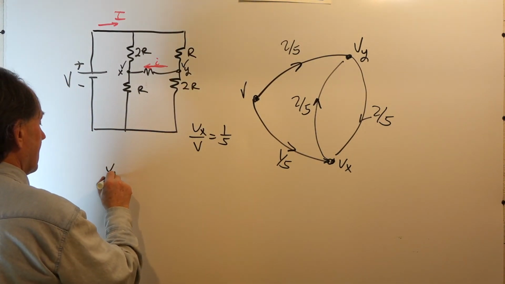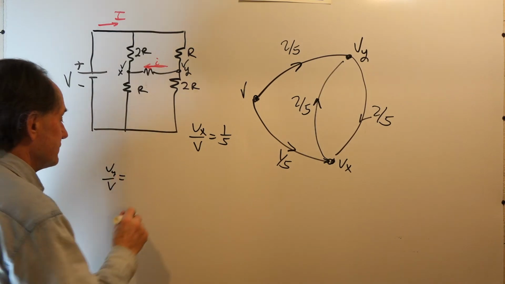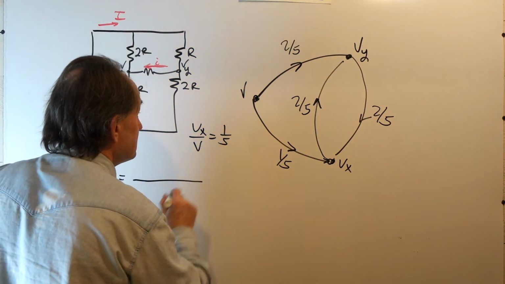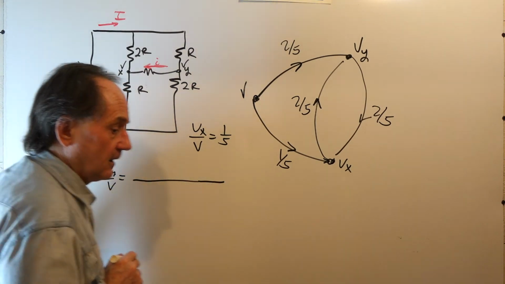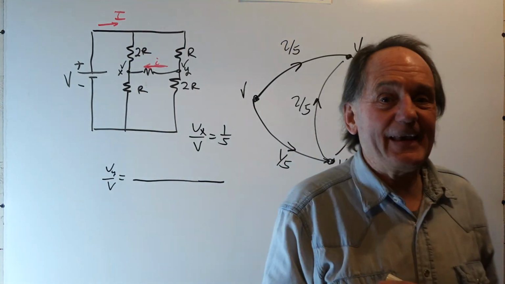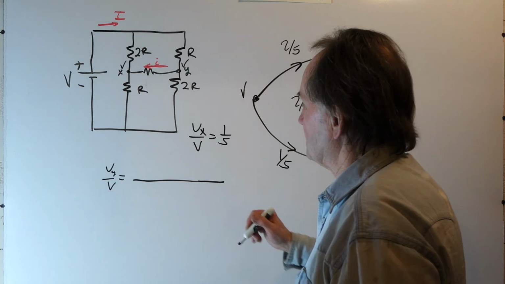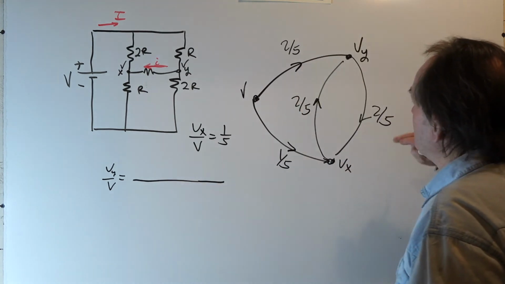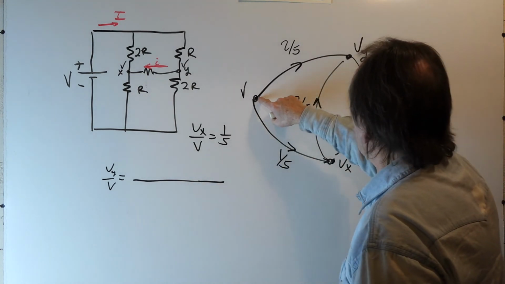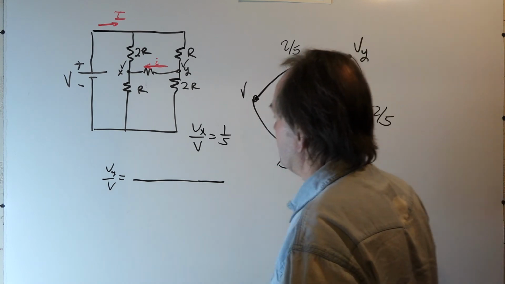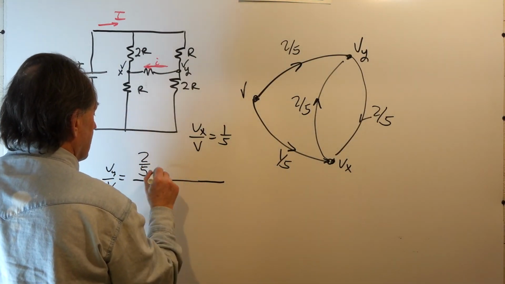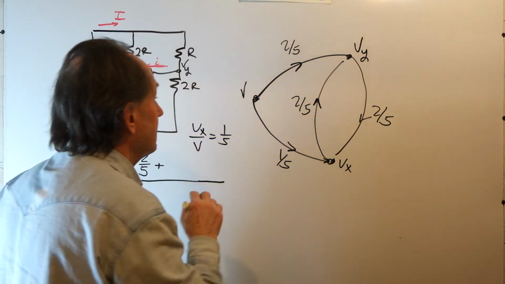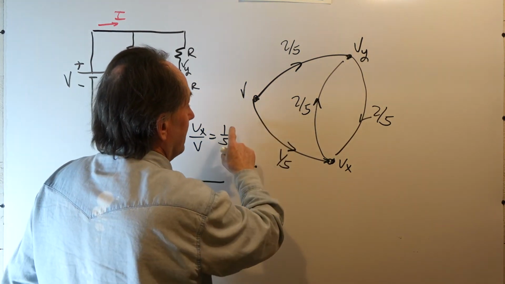Well, to solve this network, say for Vy over V, we just use Mason's gain formula. Mason's gain formula tells us in the numerator, we add all the products of all the gains in all paths from V to Vy. Well, we have two paths that can get to Vy. From V to Vy, we can go along this path, which is 2/5. And we add to that the gains along the other path to Vy.